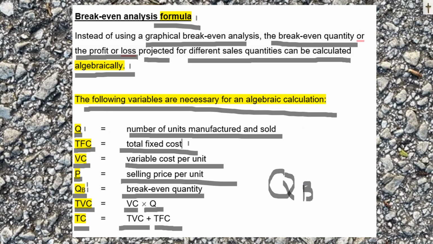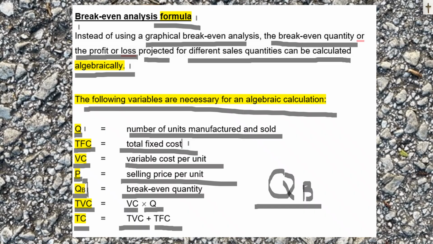So there's something new, a new abbreviation. At what quantity produced or sold is the break-even point, represents the break-even point. Remember, in all these calculations, we made the assumption that all units that we're looking at will be sold.